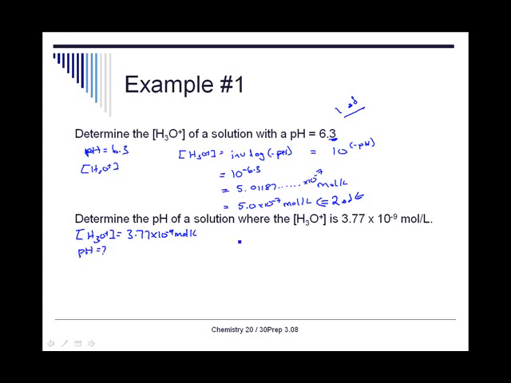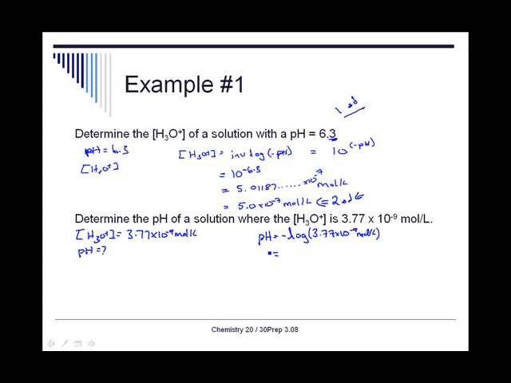So because we want to find pH, we're going to use the first version of our formula. We're going to say pH is equal to the negative log of 3.77 times 10 to negative 9. And this is moles per liter. Note that once we're done our logarithm, it loses its units. So pH doesn't have any units associated with it.